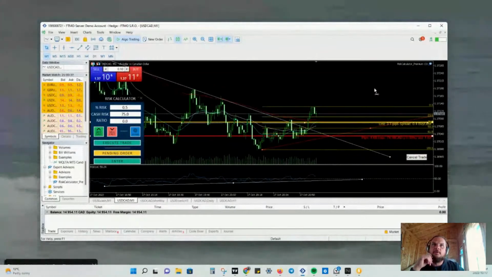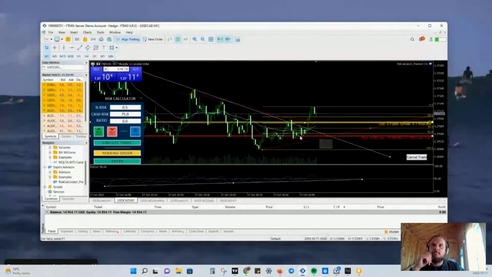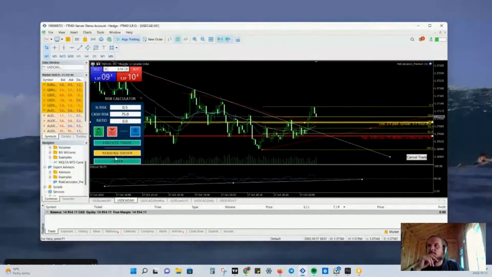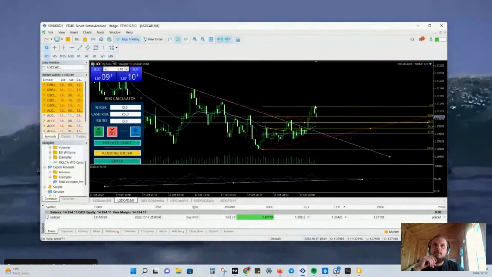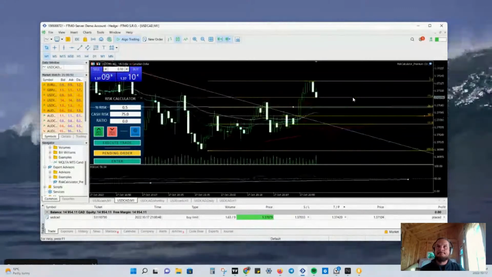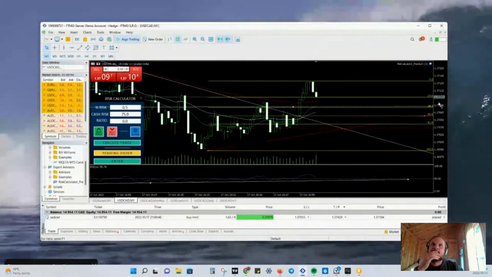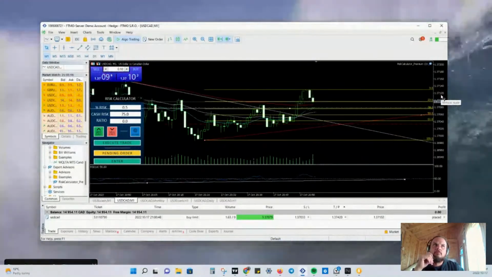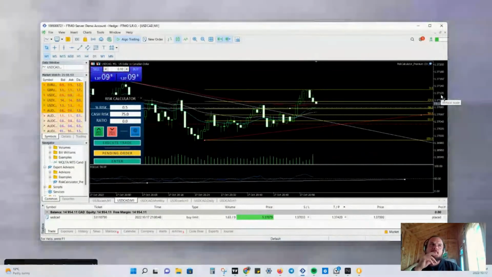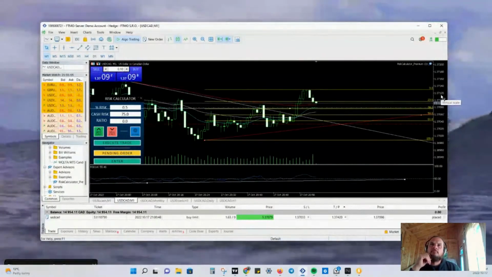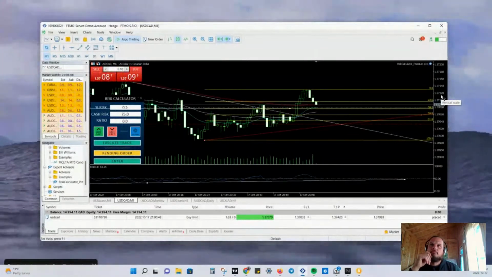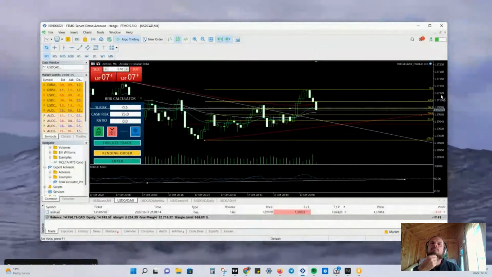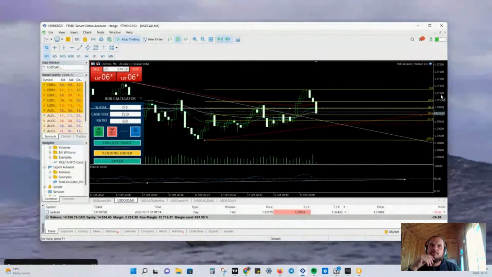And that would be the 382 stop down here below this candle that broke both of them. All right. The order is placed.